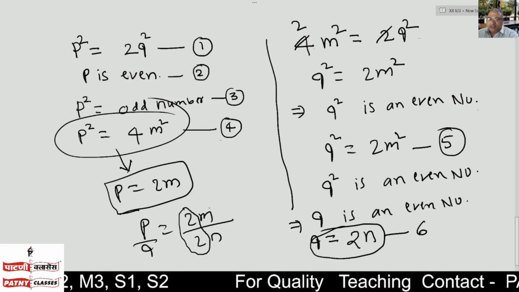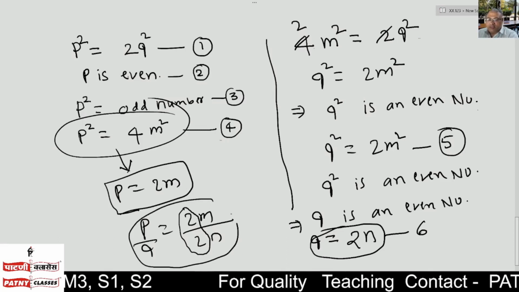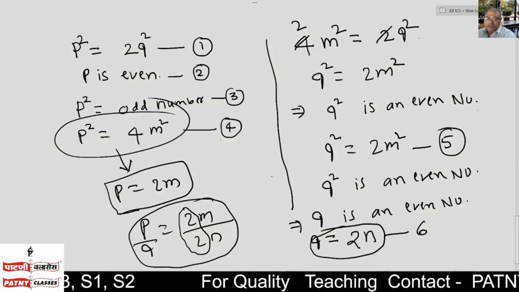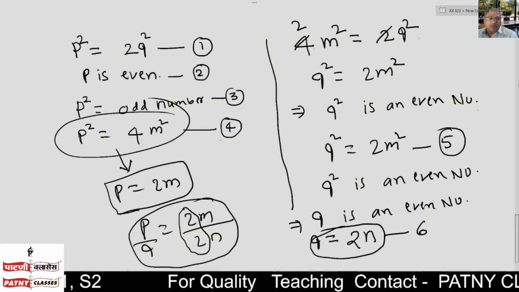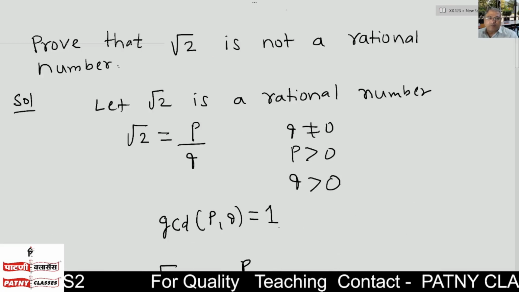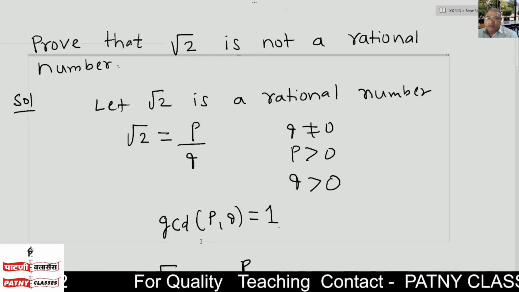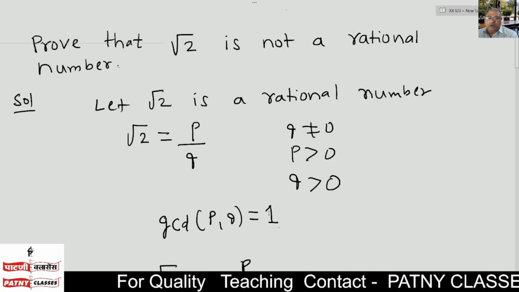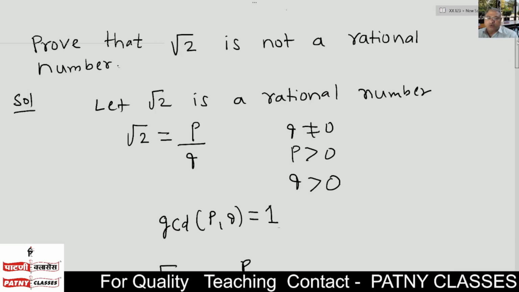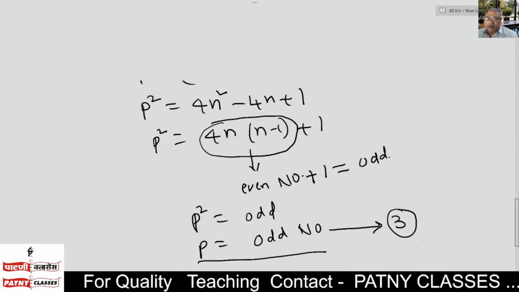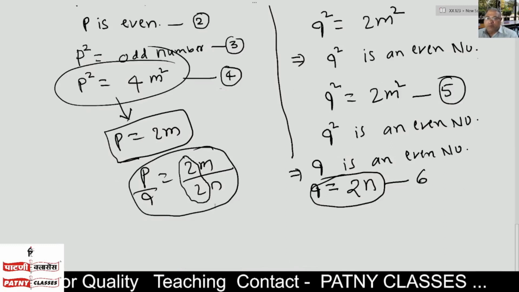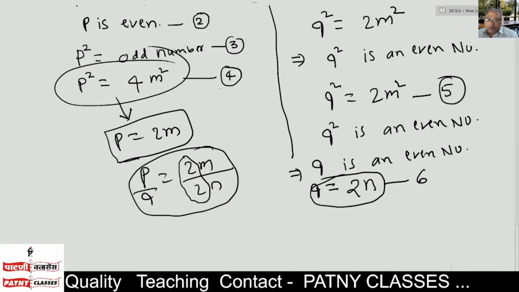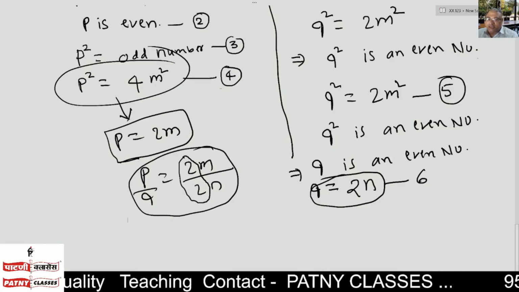That means the result of this and what we assumed in case number 1 are exactly opposite. In step 1, we assumed that the GCD of p and q equals 1, that is, they do not have any common factor, but at the end we find that p and q have a common factor. That means the two statements contradict each other.